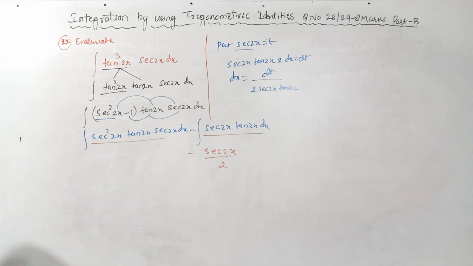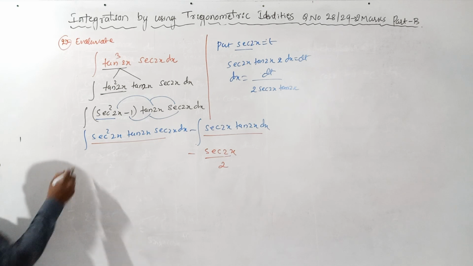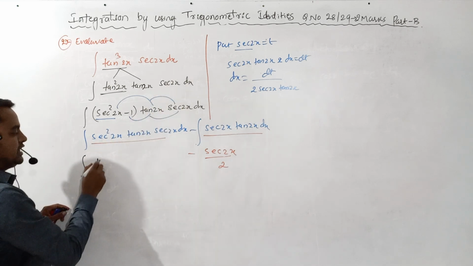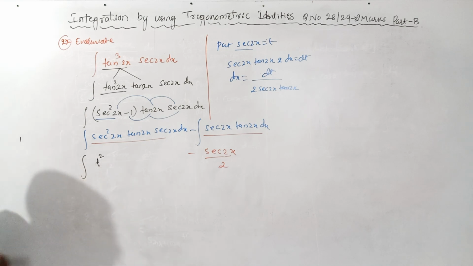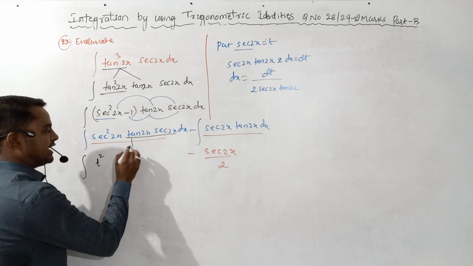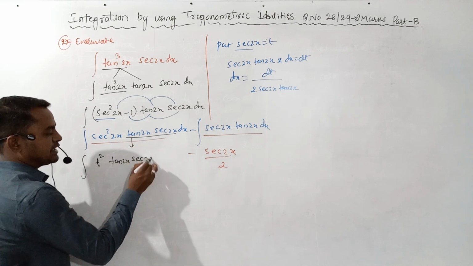See here, integration of sec square 2x means t square. Tan 2x as it is, and sec 2x as it is, that is tan 2x sec 2x.